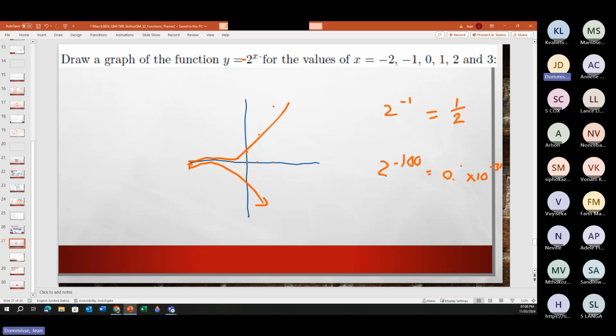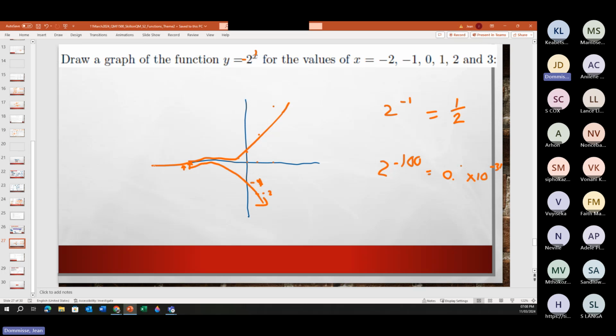If x is 1, 2 to the power of 1 is 2, then it will be minus 2. When you look at this, in both instances, it can't cross that.